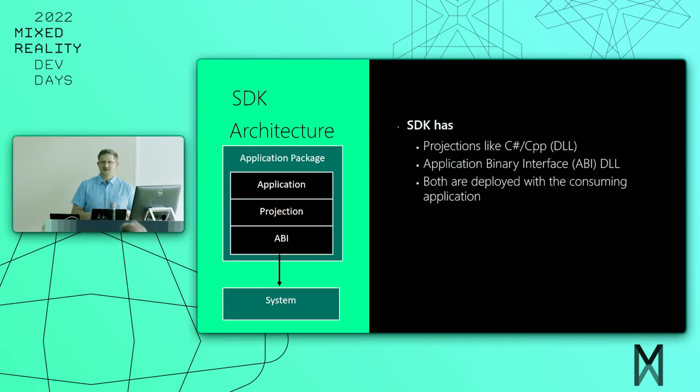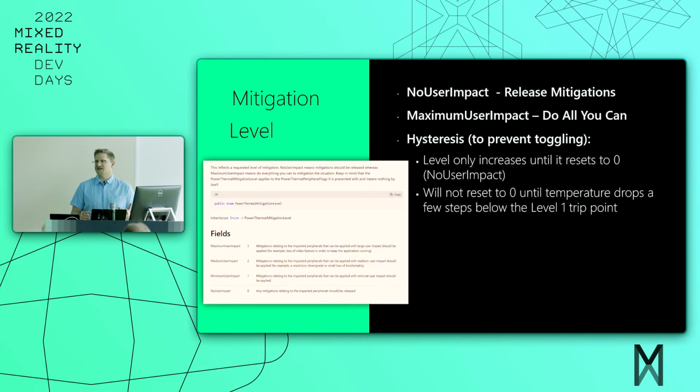Okay, so now we're going to start talking about the different building blocks that make up the SDK and how they relate to each other before we talk about any function calls or properties, stuff like that. So the first is mitigation level, or more formally, power thermal mitigation level. This is that enumerated value, and it tells you how severe the temperature is in terms of what kind of mitigation should be applied.